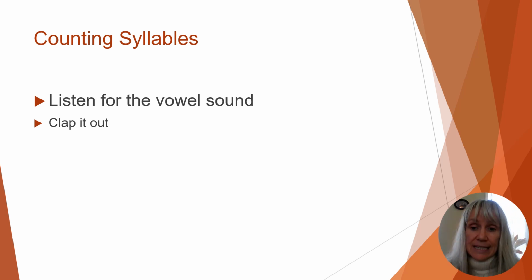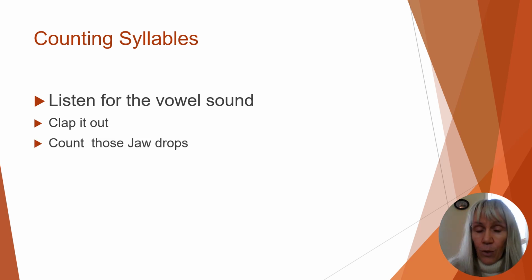And when we listen, we can clap it out every time we hear a vowel sound. And how many times we clap is how many vowels are in the word, and therefore how many syllables are in that word. Or we could count the jaw drops, and we will talk about jaw drops in a bit.